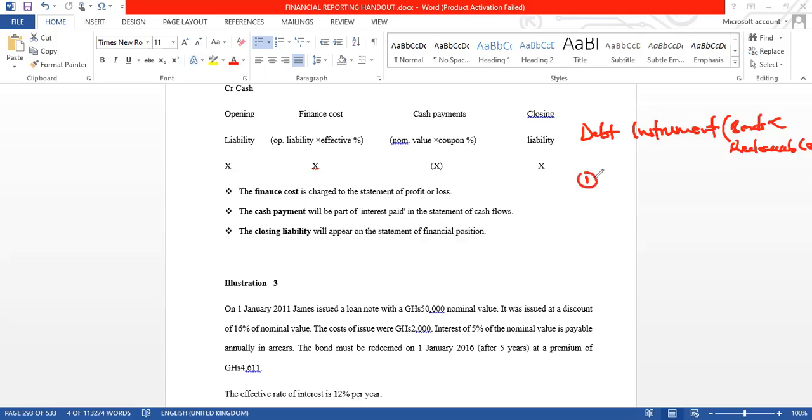You will have fair value through P&L. You have the amortized cost, which you see here.